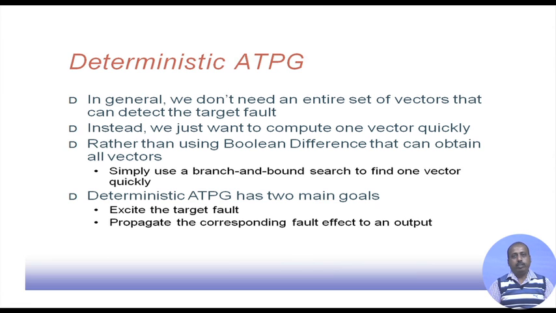Any fault generation algorithm basically does this. Somehow they need to excite the fault, so we have to put the opposite of the stuck value at that point. That is the fault excitation, and we need to propagate the faulty response of that point to some primary output. These are the two things to be done by any ATPG algorithm.